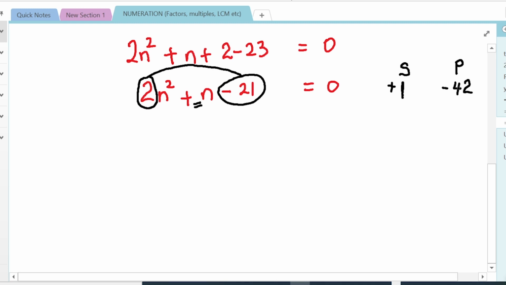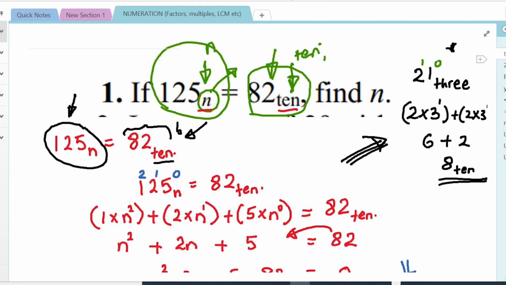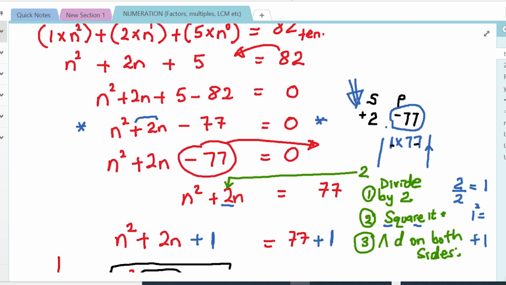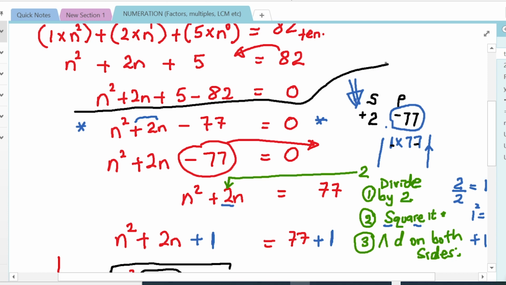Now you might be confused about how come we've done it differently here. Remember, in the first instance, it's the same thing, by the way. Let me get back to the first number. We're looking for two numbers giving us a sum of positive 5 and a product of negative 82.